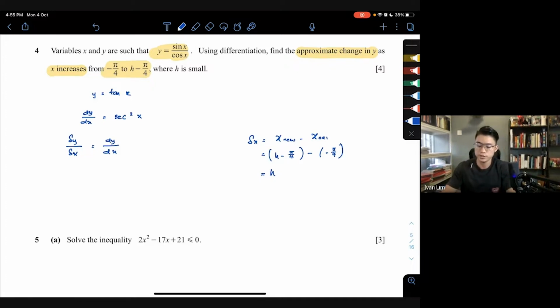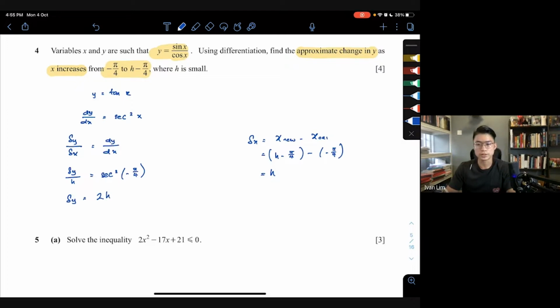This part here is actually how you count it. But as long as you write your delta x equals h, it'll be delta y over h equals dy over dx, which is secant squared. Then you put in your original x, which is negative pi over 4. Then delta y will be secant squared of negative pi over 4 times h, which gives you 2h.